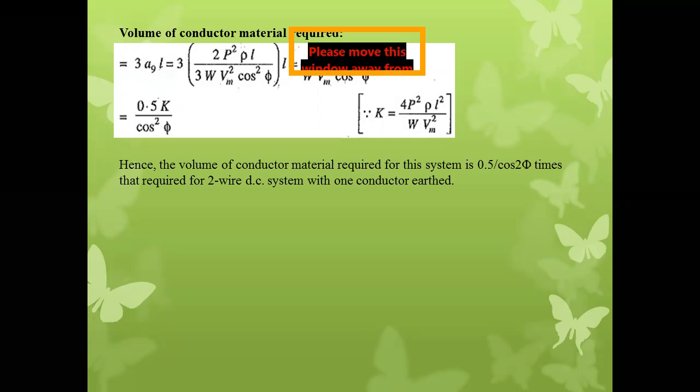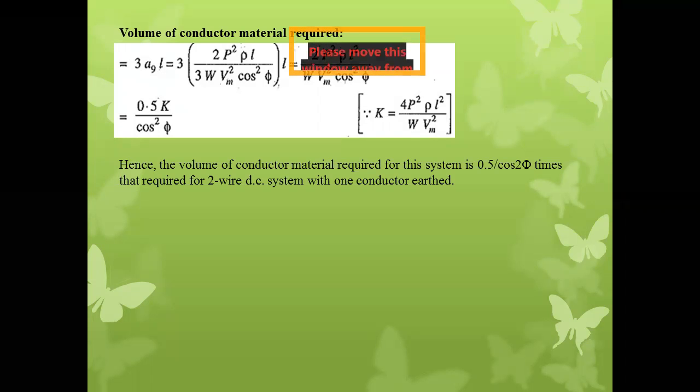So from the above expression, we can conclude that the volume of conducting material required for this system is 1 by 2 times, or 0.5 divided by cos square phi times, that of the 2-wire DC system with one conductor earthed.